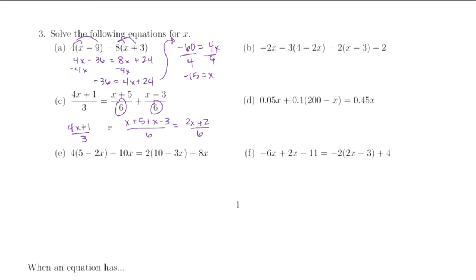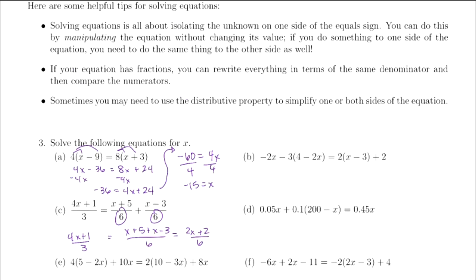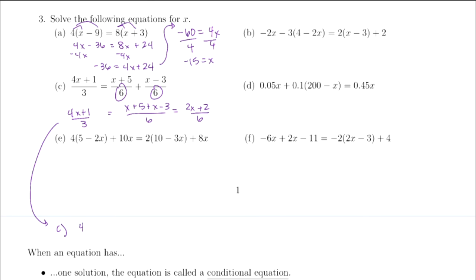So let me pull this down here. So I have 4x plus 1 over 3, and that's equal to 2x plus 2 over 6. And then what I'm going to do is cross multiply. So I would have 6 times 4x plus 1 equals 3 times 2x plus 2. And then I'm going to distribute this 6 and that 3.